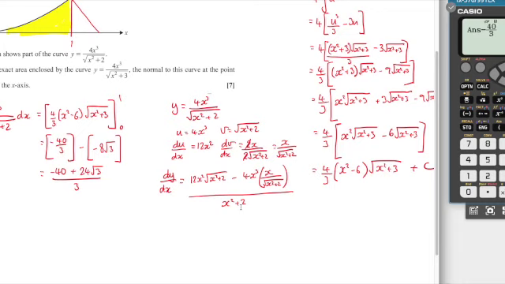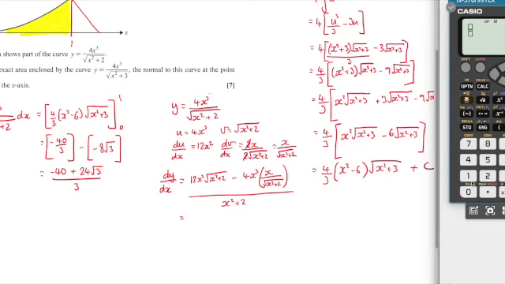I'm just going to fire in my x coordinate, which is 1. So we've got the big one in the middle. We've got 12 times 1 squared. And then I've got root 1 plus 2. I'm not bothering putting squares on because it's 1, minus 4 times 1.